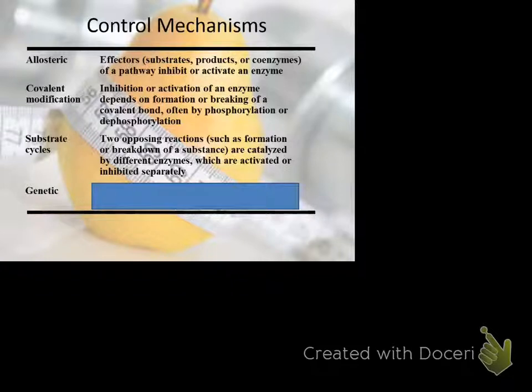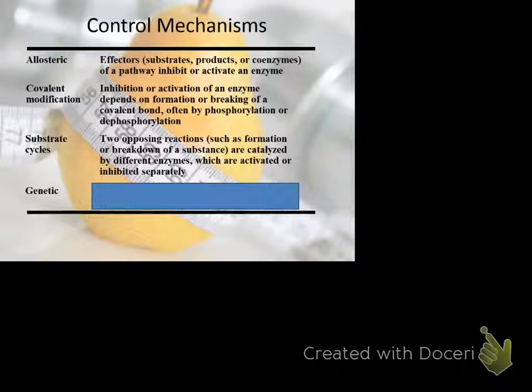And then there's genetic control, which is one that's fairly simple to explain, maybe not as easy as covalent modification. But what about just controlling it genetically? What does that mean in simplest terms? How does that control a metabolic pathway? Right. Just don't make that enzyme, or don't make very much of that enzyme, and that metabolic pathway won't work.